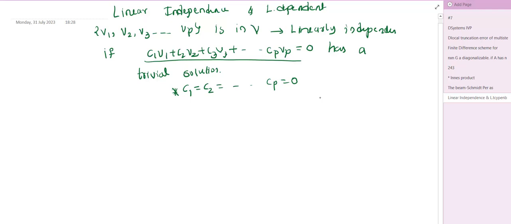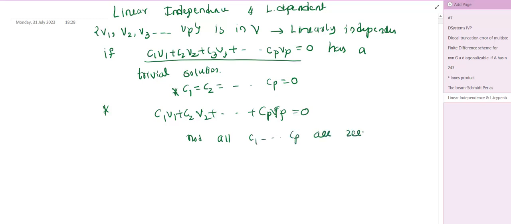Similarly, if we consider the same linear combination c1 v1, c2 v2 and so on up to cp vp, which is equal to 0, but not all of c1 to cp are 0, so still this combination is 0, then we call these vectors linearly dependent vectors.